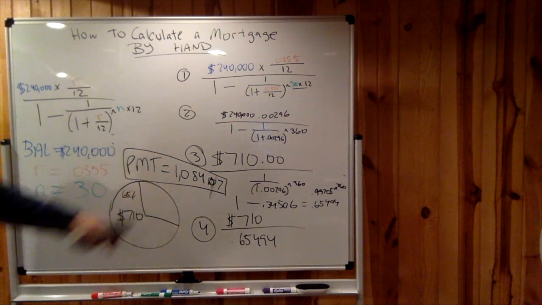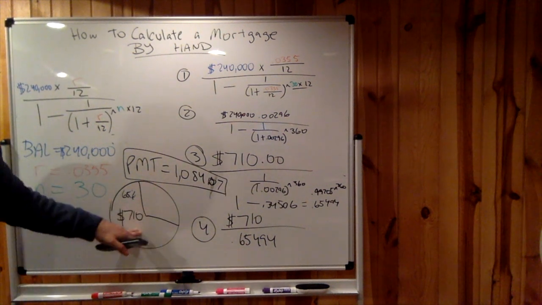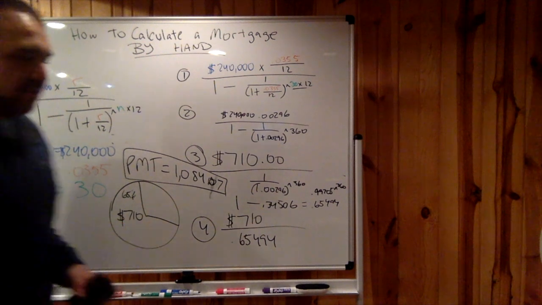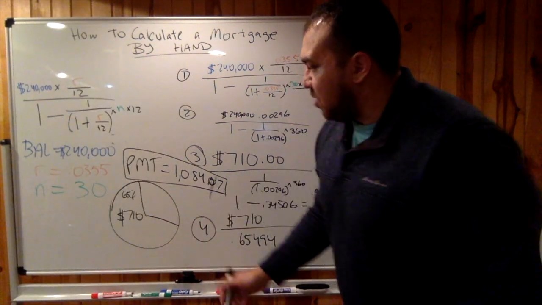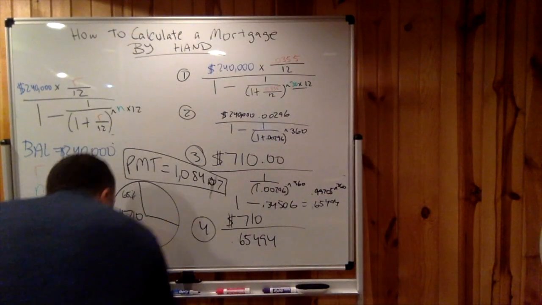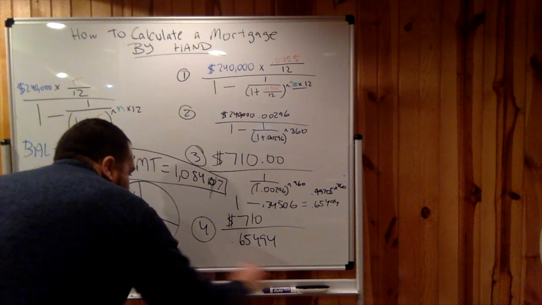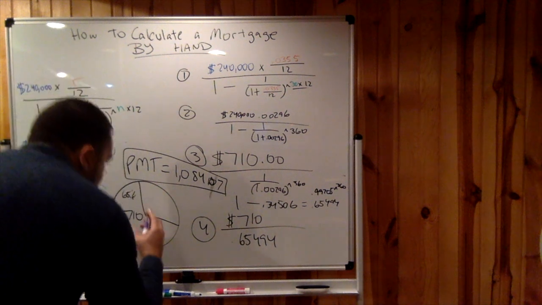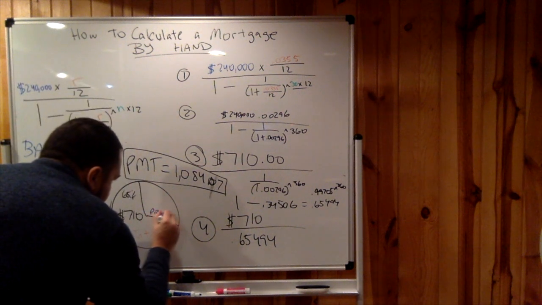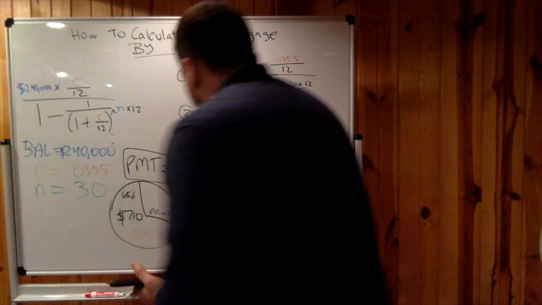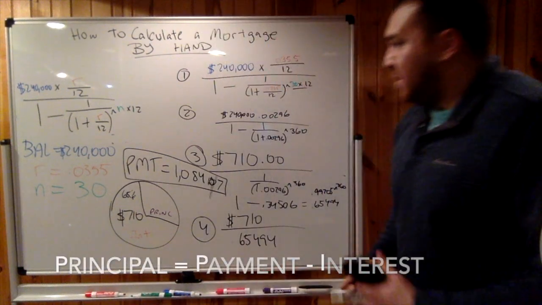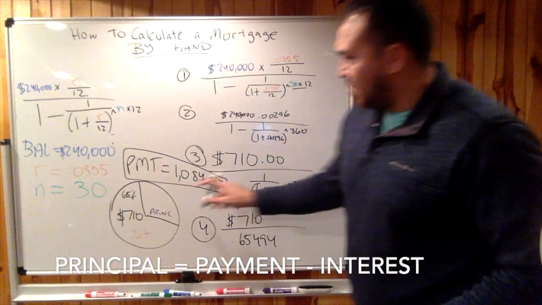So if 65.5% of the total payment is interest over here, what is the actual principal? So we can put in here, this is interest, right? And let's put principal in purple. Easy. All we do is we just subtract the interest from the payment.